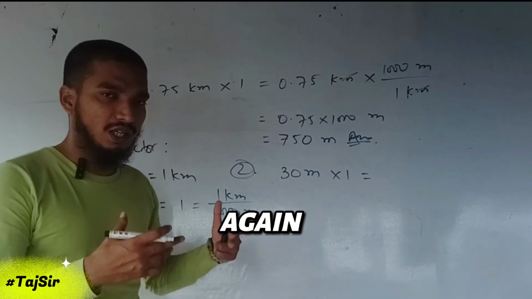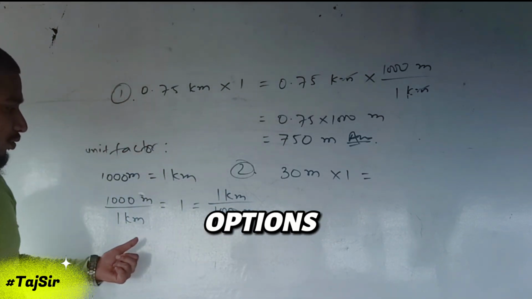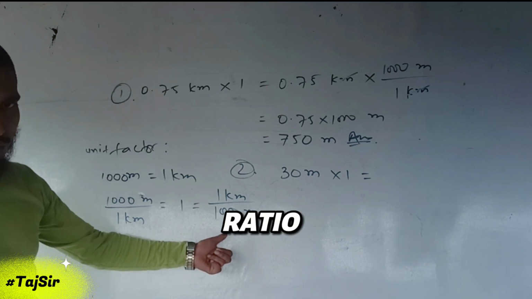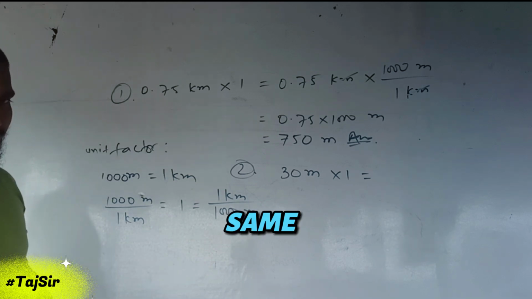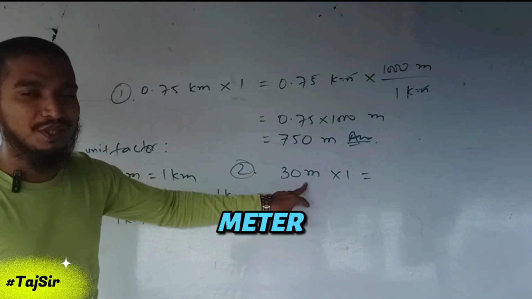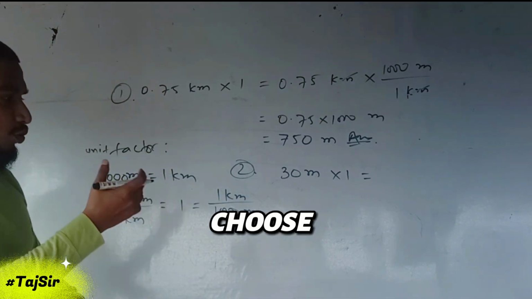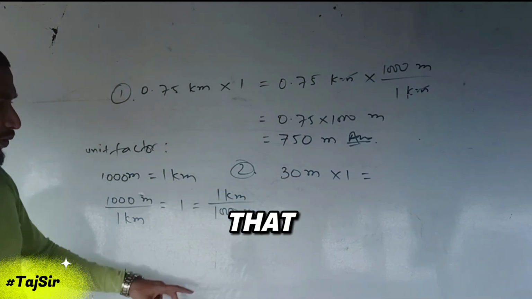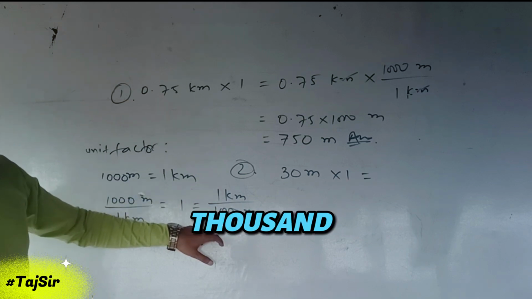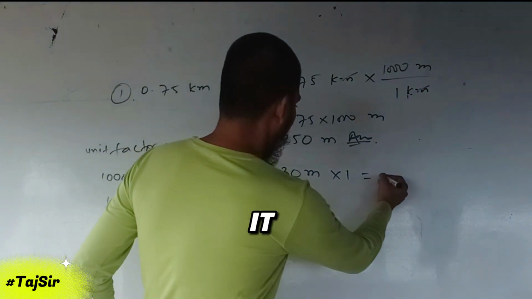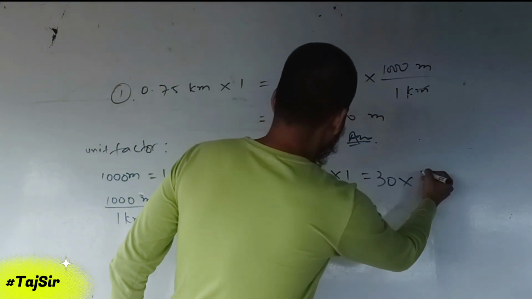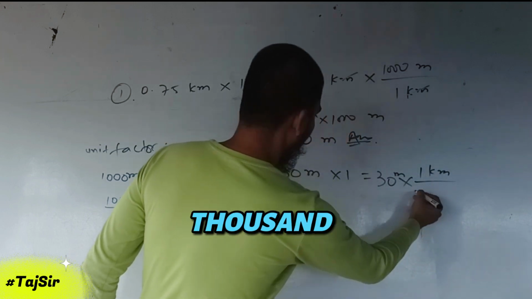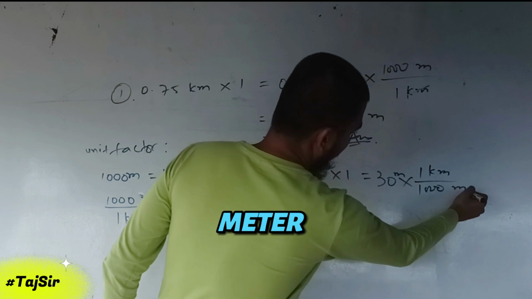Again we have two options, this ratio or this ratio, and both are the same, but we don't want meter here, so we choose the ratio which cancels meter, and obviously that will be 1 kilometer by 1000 meter. So we write 30 meter into 1 kilometer divided by 1000 meter.